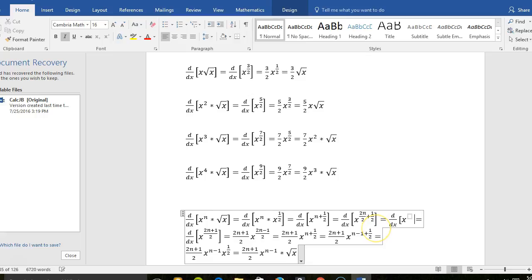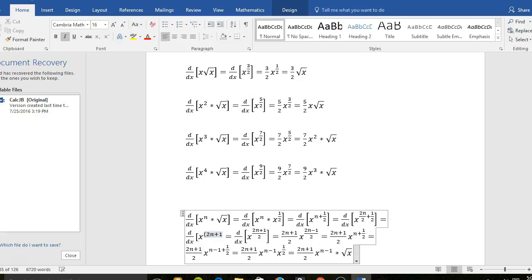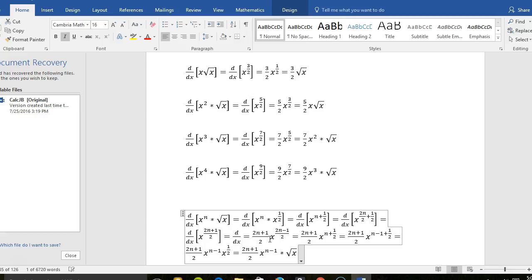And we get 2n plus 1 over the common 2 in the numerator. This becomes redundant because it's the same thing listed twice, so let me get rid of that redundancy. But I wanted to show off every step. So that's how the 2n plus 1 over 2 came to be.